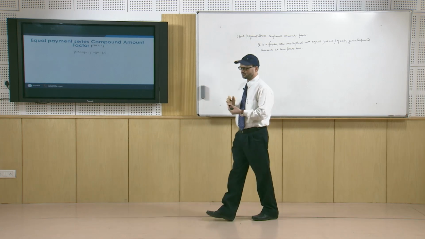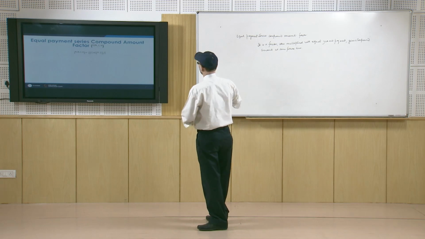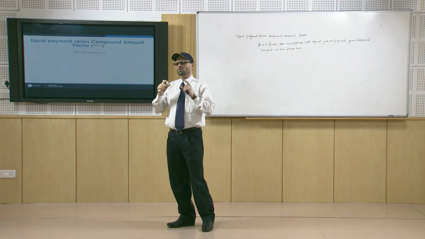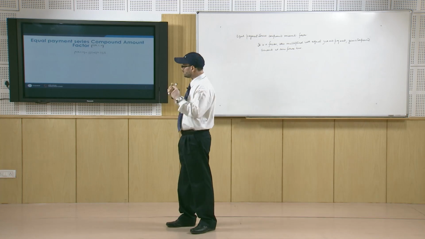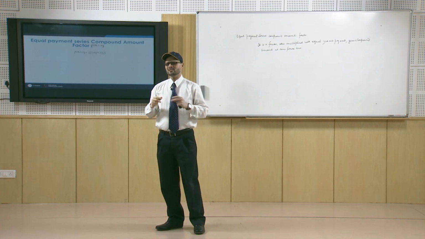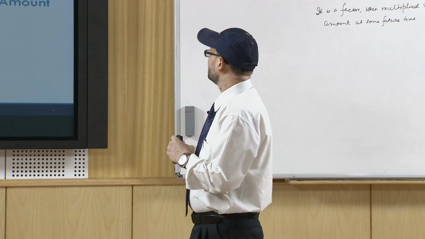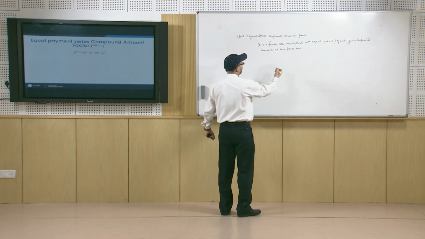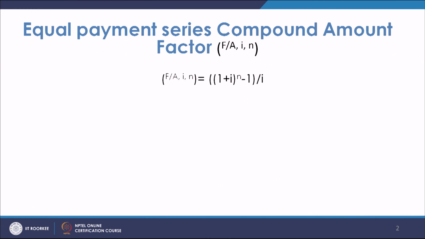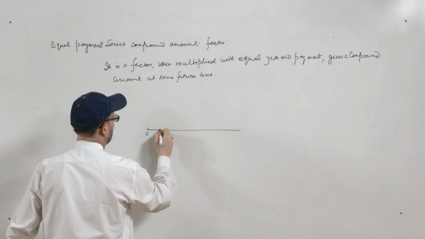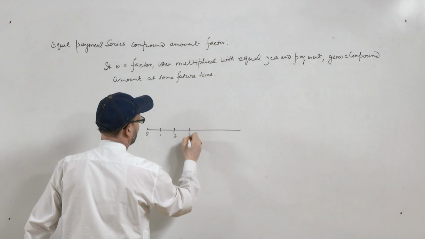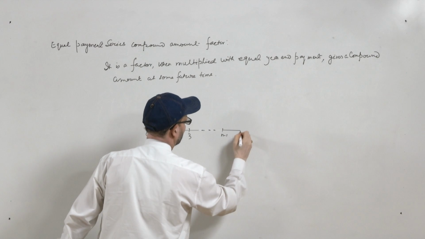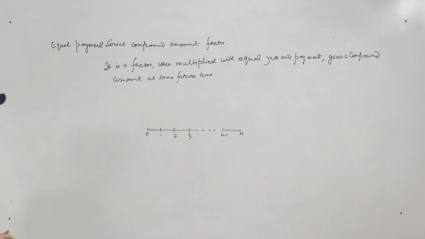So, it means that you know the equal year end payments, you know the interest rate and also you know the interest period, and once you know that, you wish to calculate the value of final sum, that is F. So, it means the cash flow diagram will look like this. So, you have n years.